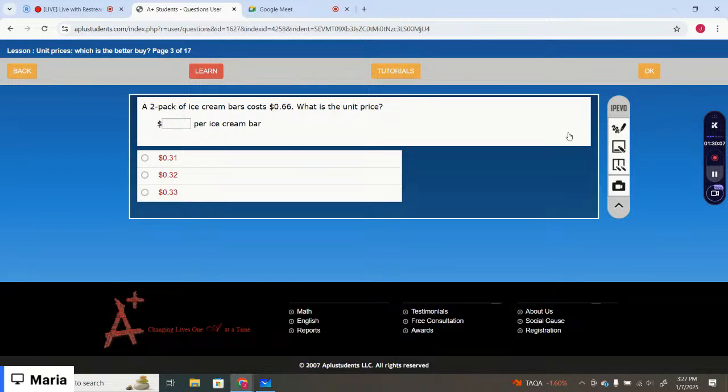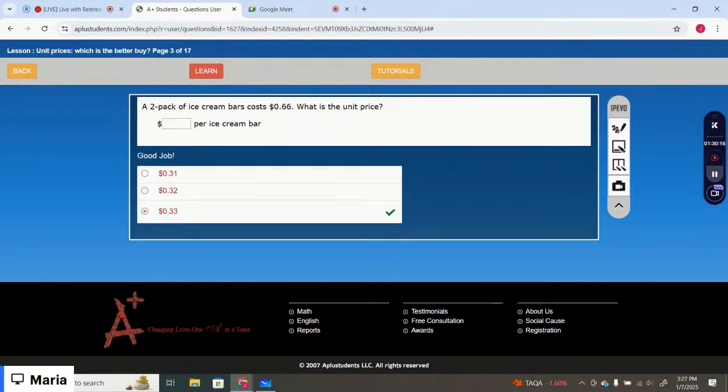The correct option is 0.33. The cost of one pack of ice cream is 0.33.